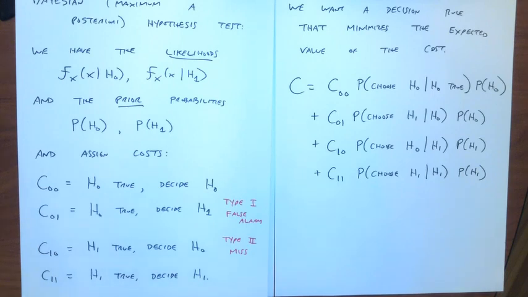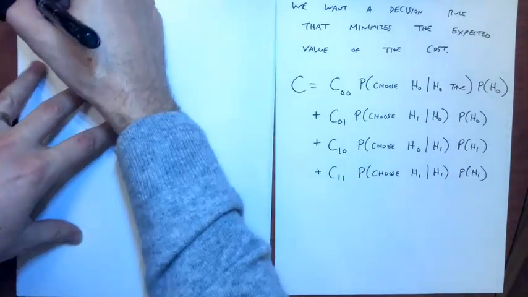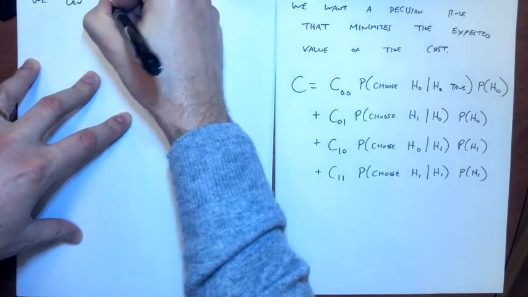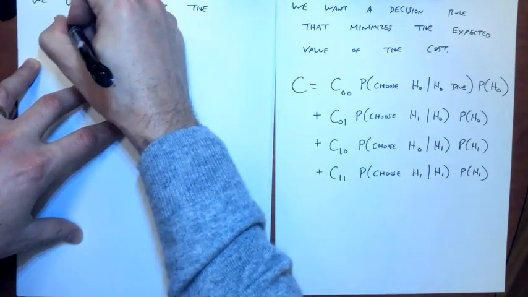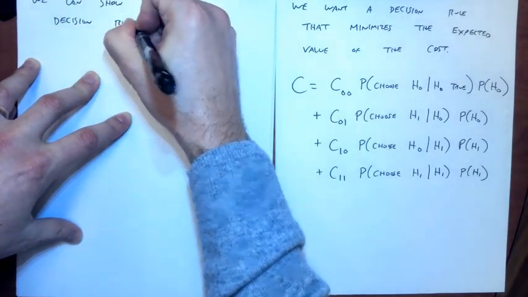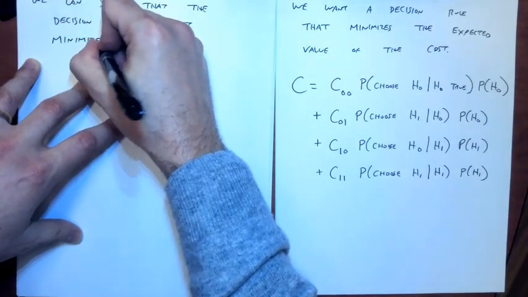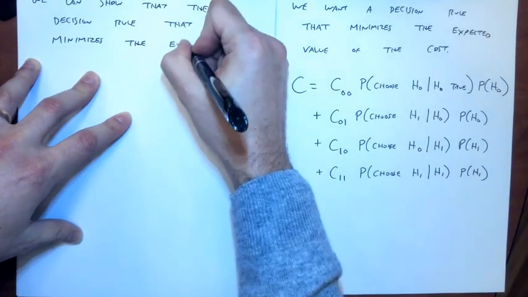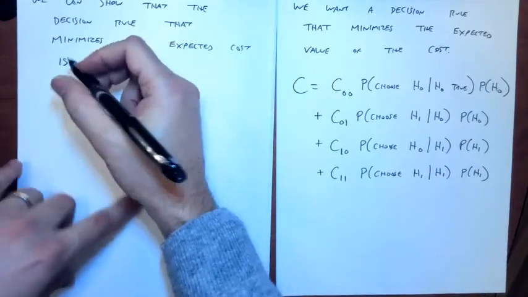And so we can show, I mean, I'm not going to show it right now because it's a little bit tedious, but what it all comes down to, I think I showed this actually before Thanksgiving when we first started talking about this, is that the decision rule that minimizes this average cost, or I guess the expected cost, turns out to be this.